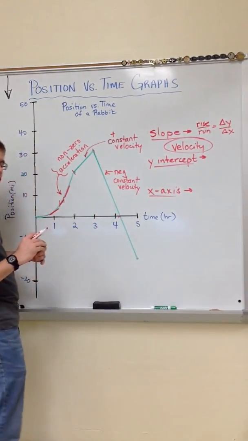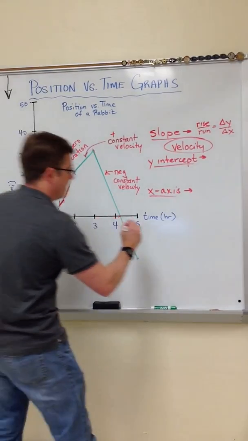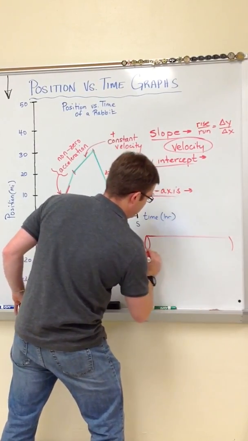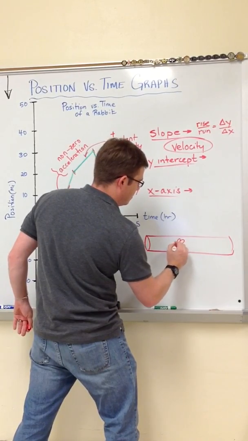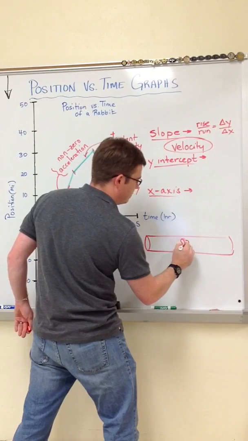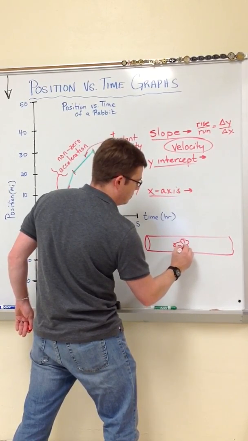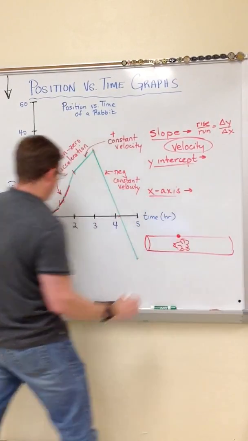So if you can envision a rabbit moving in a pipe, all right, here's the rabbit, on the other way. If this is where the rabbit started, that's its origin.